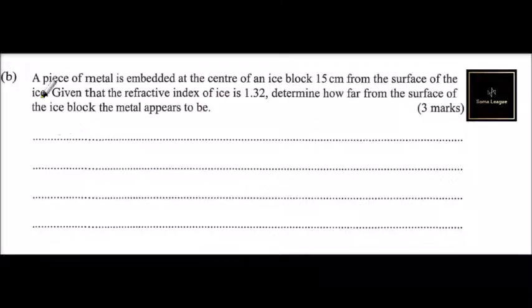Question number 17b. A piece of metal is embedded at the center of an ice block 15 centimeters from the surface of the ice. Given that the refractive index of ice is 1.32, determine how far from the surface of the ice block the metal appears to be.